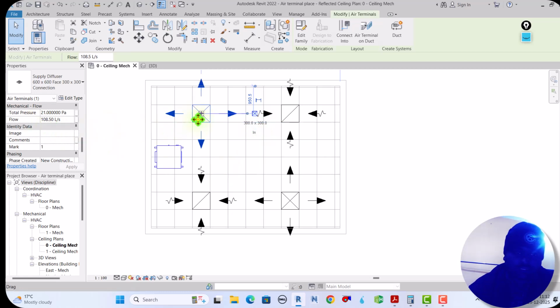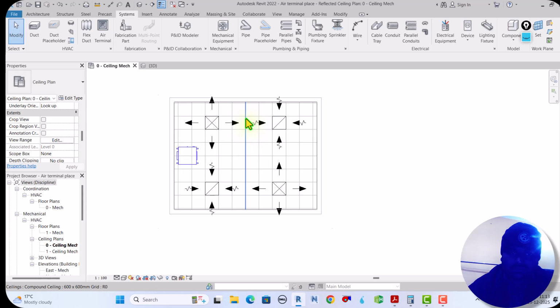I already mentioned 108.5 here and 108.5 here, so total 217 liters per second. And for the return also I distributed 108.5 liters per second each.